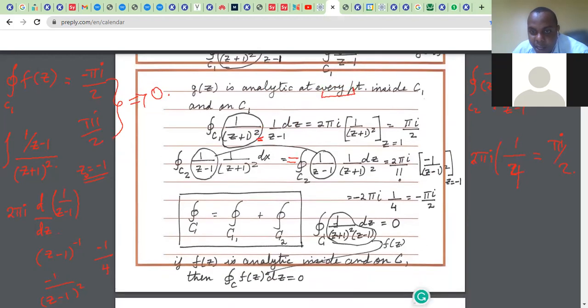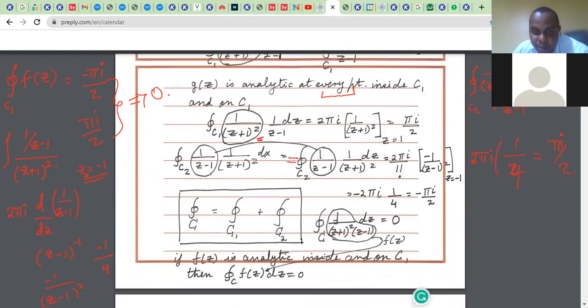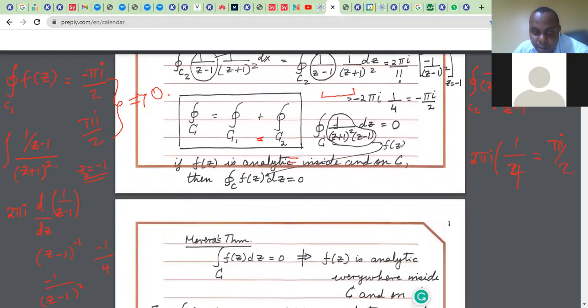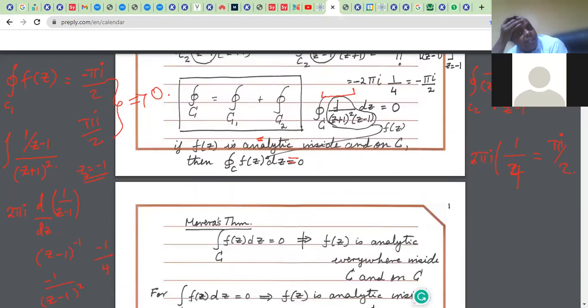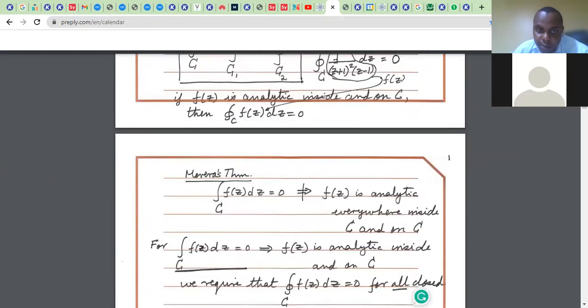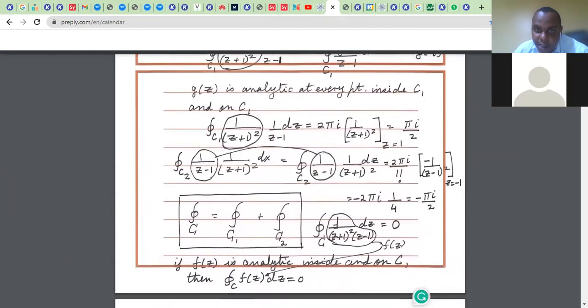So they got negative pi i over 2, then that integral became 0. What does that mean? We found the integral is 0 and the function was not entirely analytic. So the integral over contour C is equal to 0. Why does he provide this information? Even if it's not analytic, it can be 0. That's what he meant.